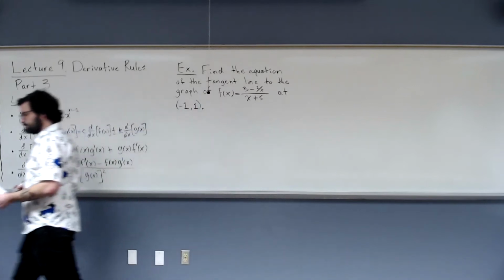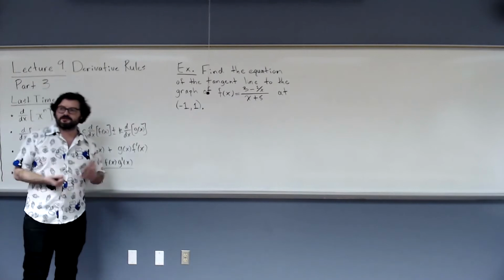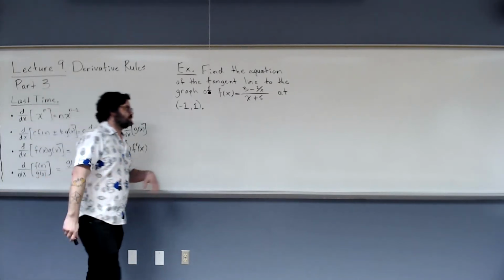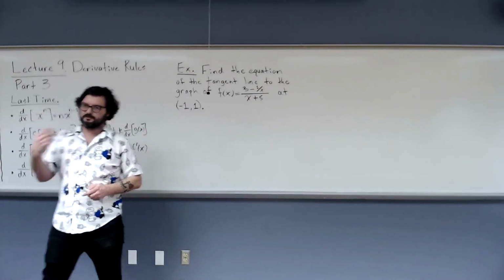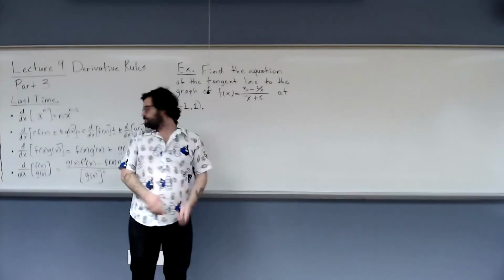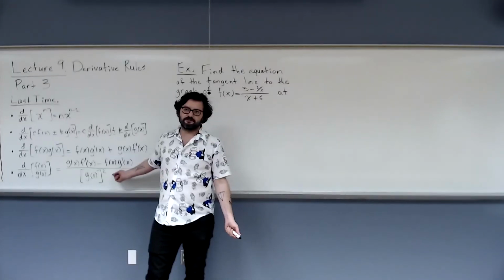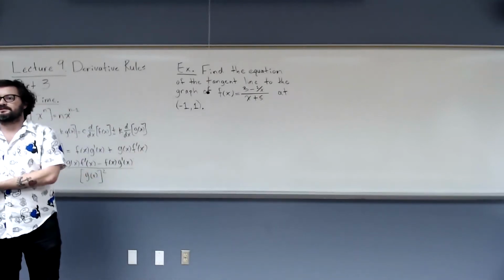I chose this example because there are several things that are going to happen. I'm going to rewrite this ratio using a technique that you should remember. I'm then going to calculate the derivative using the quotient rule. The derivative gives me the slope of the tangent line at a point.